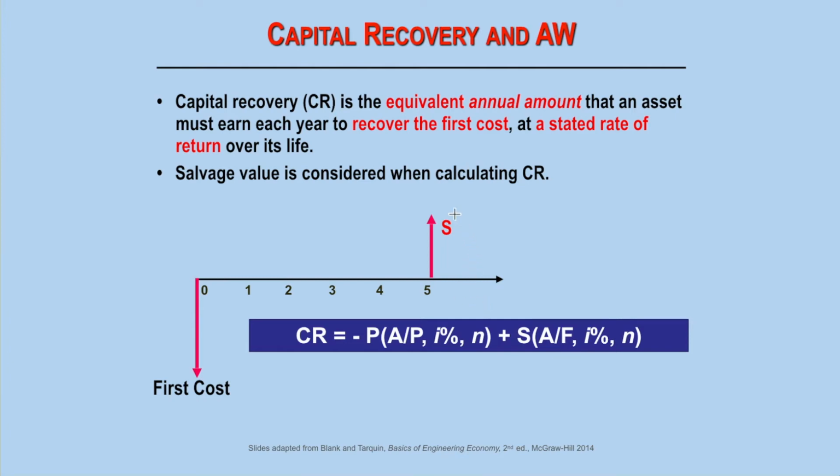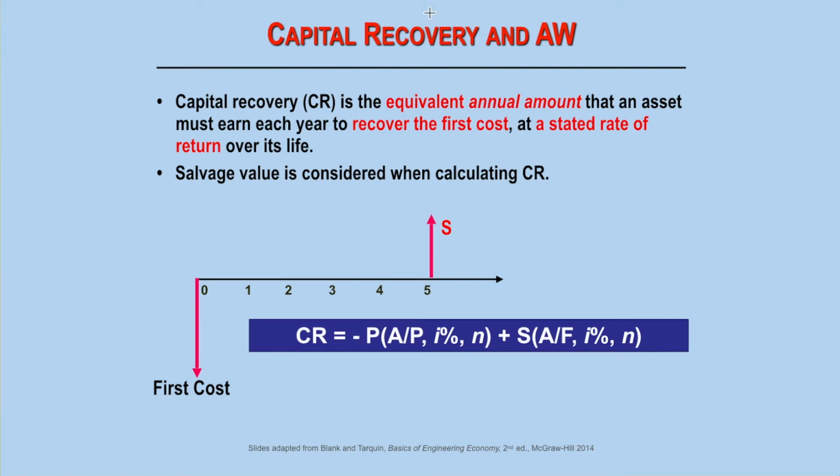Because the resale value is the future worth of that asset at the end of its lifetime, you see the A given F conversion here. What's happening in this term is that the future worth of that asset, F, is converted into annual worth value at a stated rate of return over its lifetime N.